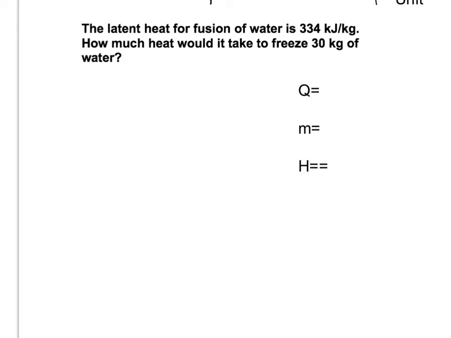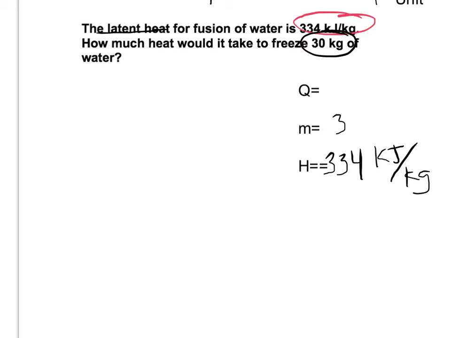The first number that's given to us is 334 kilojoules per kilogram, and it tells us what it is, the latent heat. So latent heat is 334 kilojoules per kilogram. The mass is given to me as well, 30 kilograms. And I'm looking for Q.